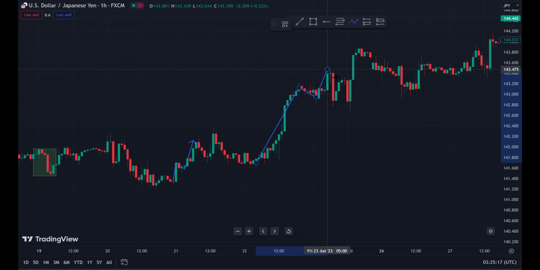Let's first pass through all these rally movements so you can understand what I mean. So this is another rally. Understand what is a rally.